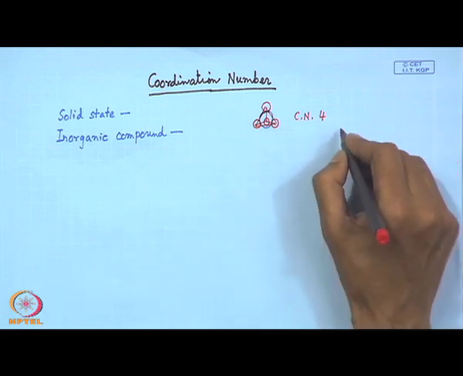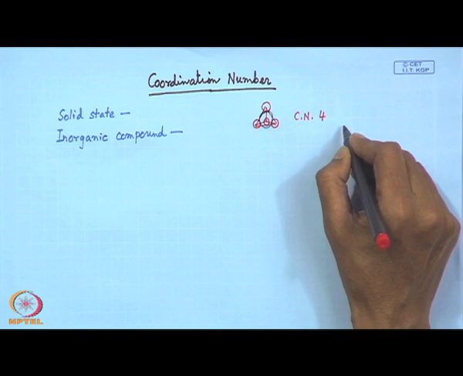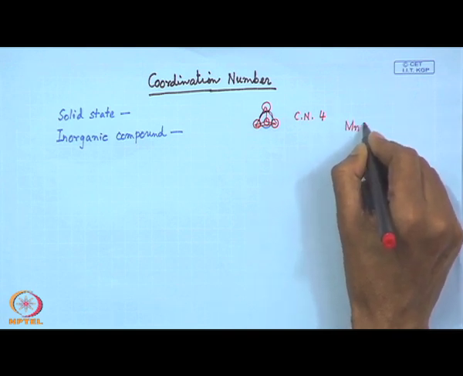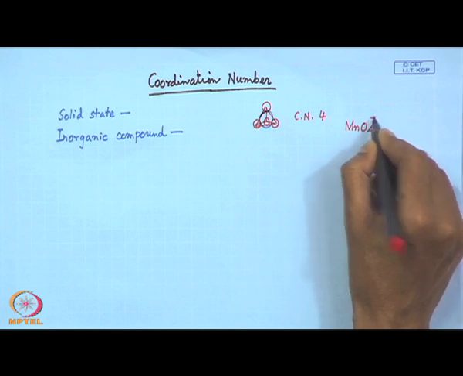Similarly, take a simple species like the inorganic anionic species permanganate anion.